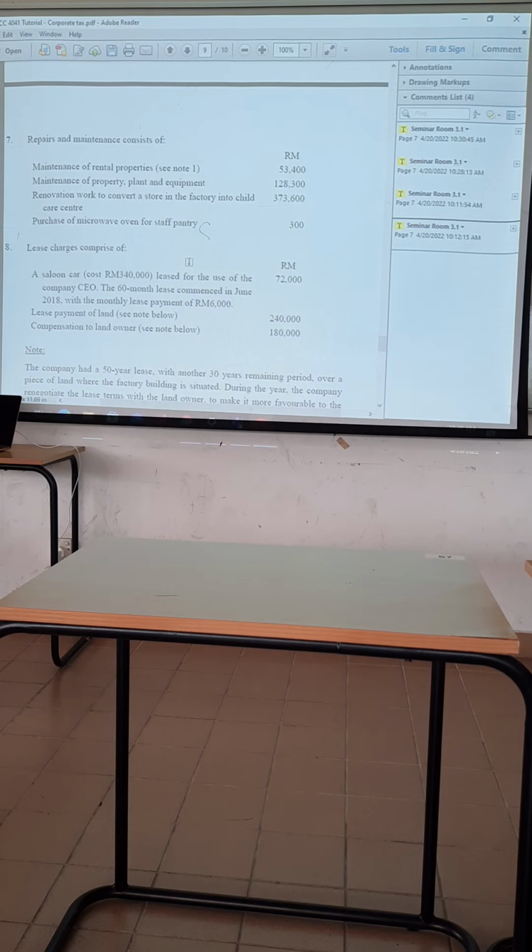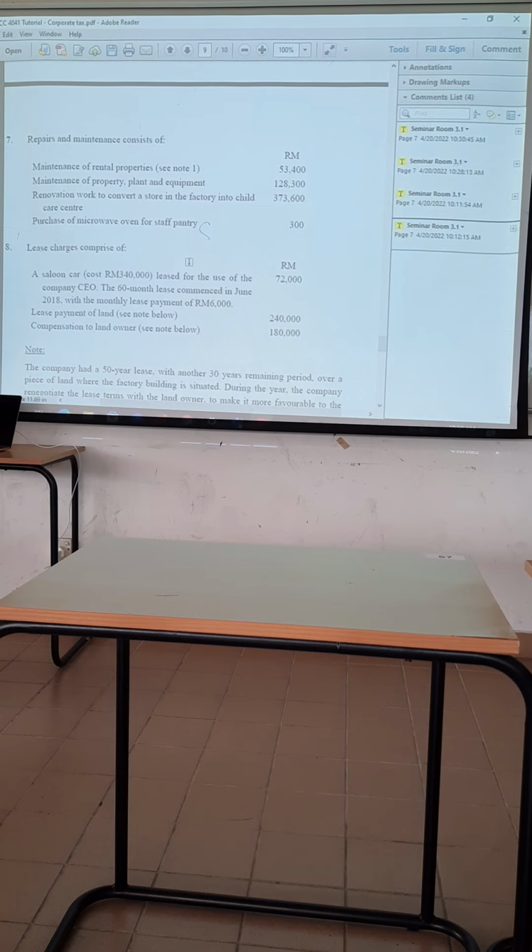The maintenance of those PPE is revenue in nature. Renovation is capital. You see? Maintenance is normal. You have to maintain the laptop, everything. Renovation is capital. So renovation to convert a store in the factory into a childcare: this one is a capital expenditure. So you have to add back.